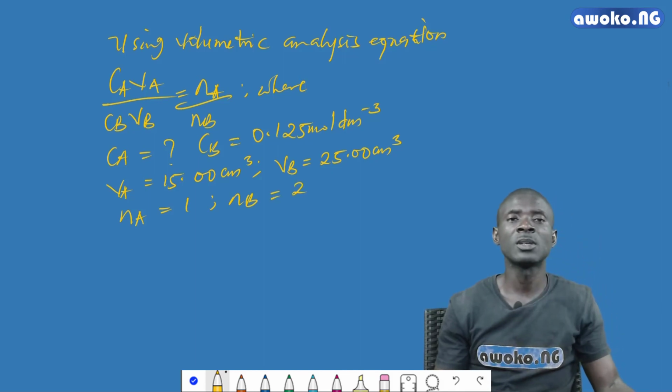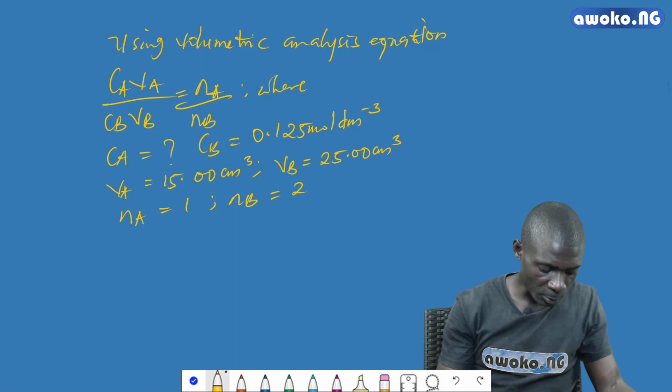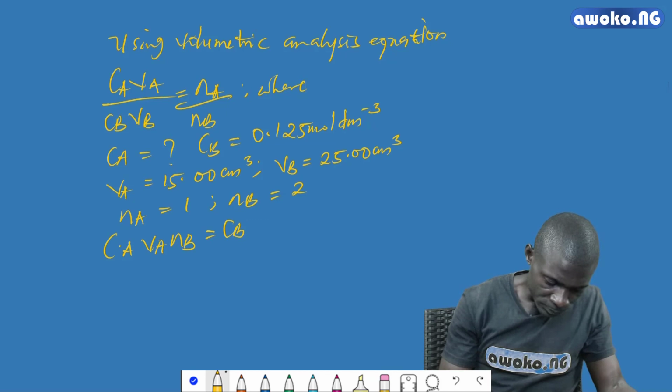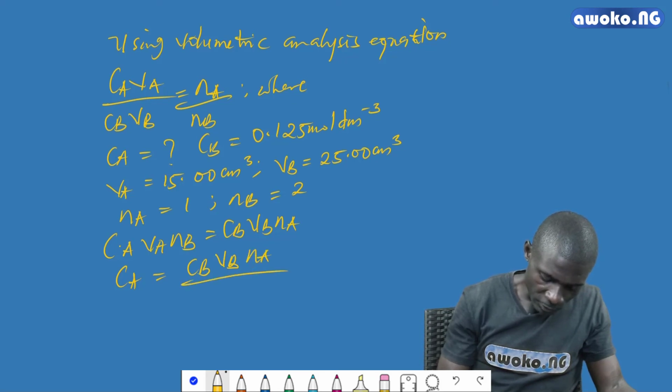So by substituting these values into the formula, we have Ca Va Nb is equal to Cb Vb Na. By making Ca the subject of the formula, we are going to have Cb Vb Na divided by Va Nb.